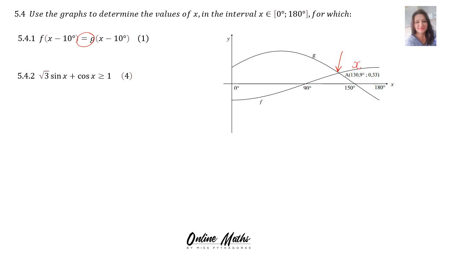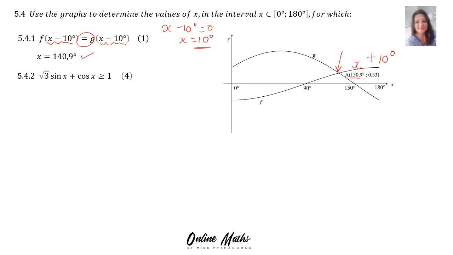And then this x minus 10 means it's the same as if you would say x minus 10 is 0, x is equal to positive 10. So you take this 130 degrees and you add 10. Therefore your answer x is 140,9 degrees.